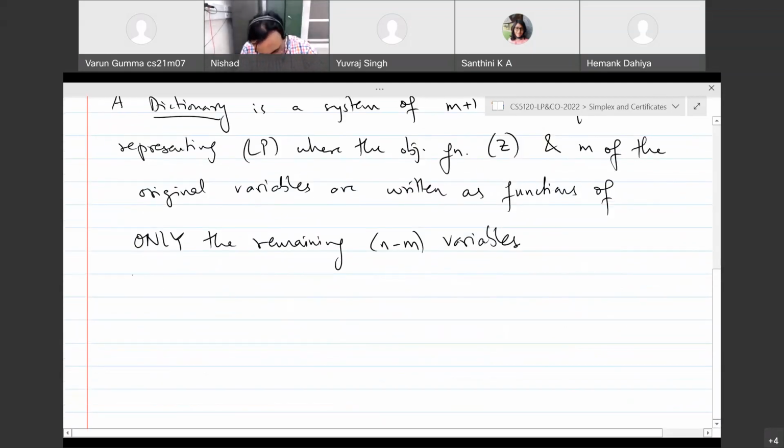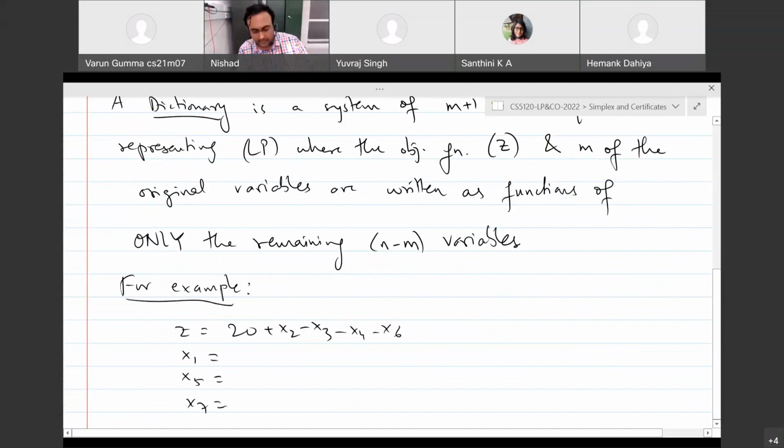So for example, if you look at the second dictionary from yesterday, it was z equal to 20 plus x2 minus x3 minus x4 minus x6. And we wrote 3 of the variables, x1, x5, and x7, as functions of the remaining 4 variables. And it was something like this: 4 minus x3 minus x4 minus x6.